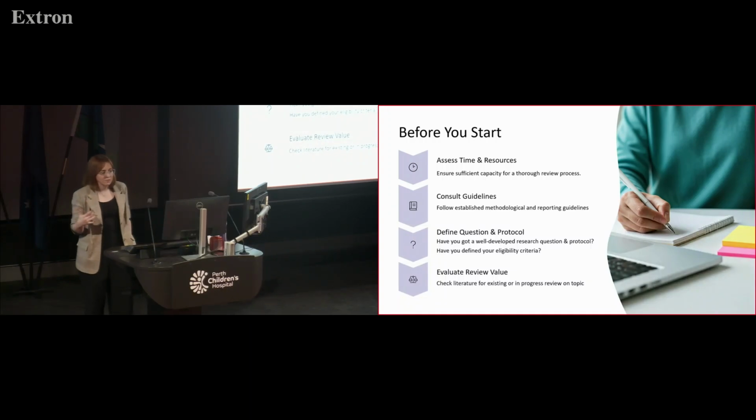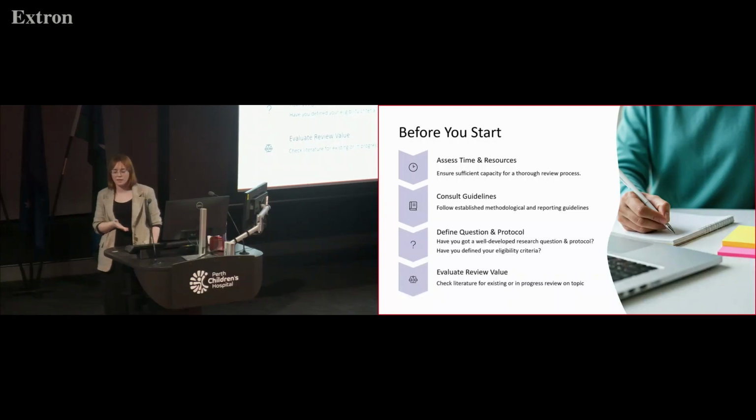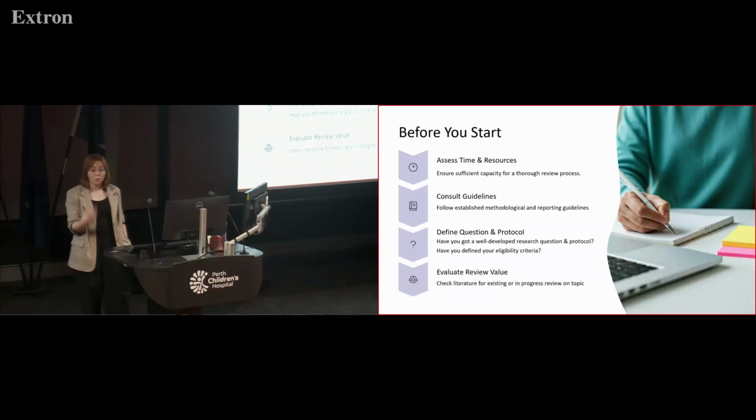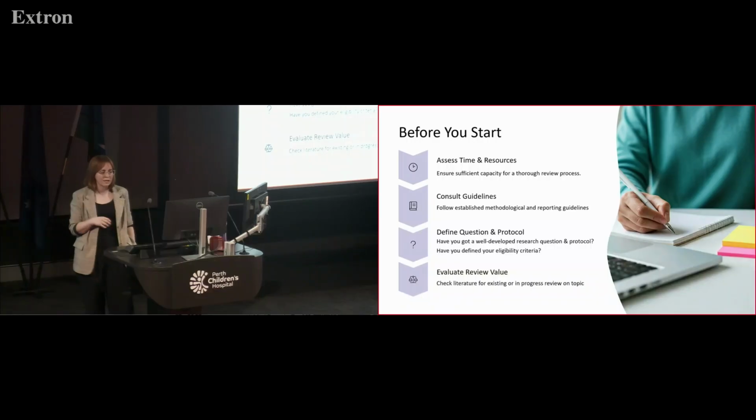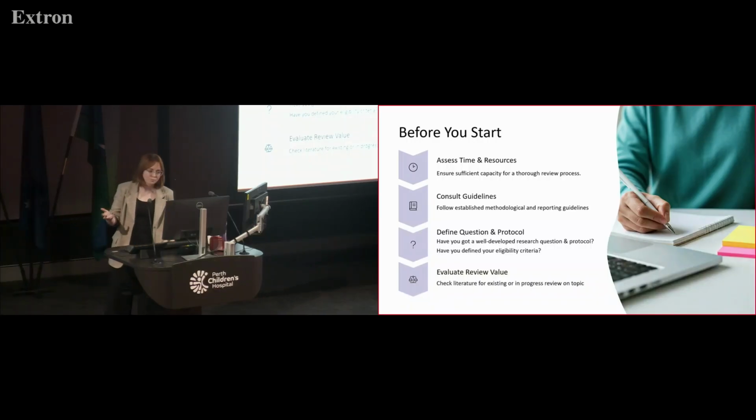Have you got a well-defined question? Have you got a well-developed protocol with clear eligibility criteria? As I said at the beginning, this must be done before you begin searching to actually reduce the risk of bias in your review. Have you also reviewed the existing literature to ensure that you're not duplicating a study or a review that has already been done or is in the process of being done?